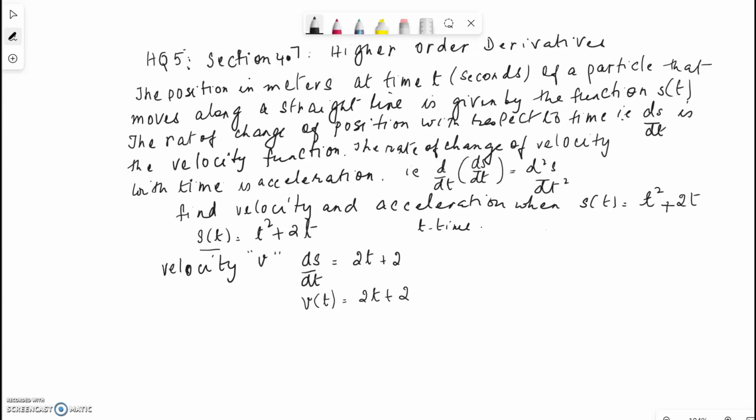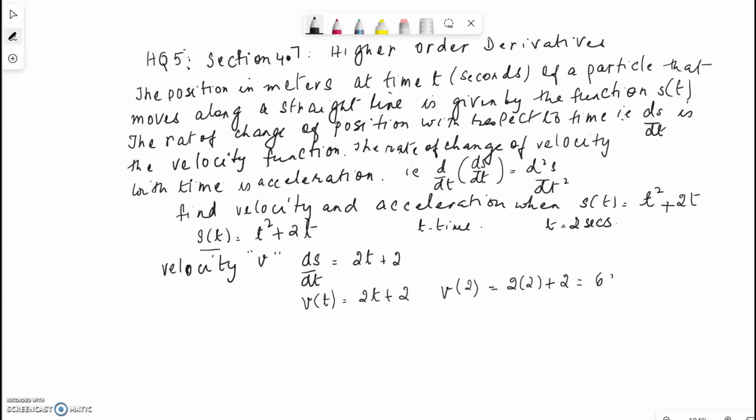The velocity specifically when the time is, let's say, 2 seconds. Let's just say time t equals 2 seconds and we're trying to evaluate the velocity function at 2 seconds. Then that's equal to 2 times 2 plus 2, which is 4 plus 2, 6.